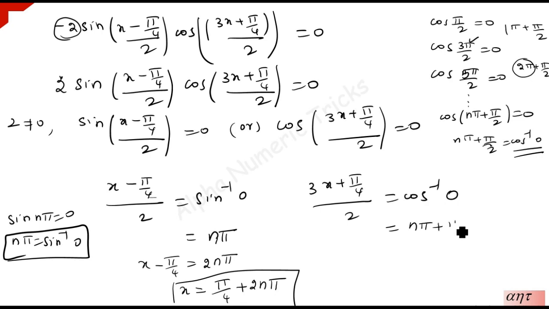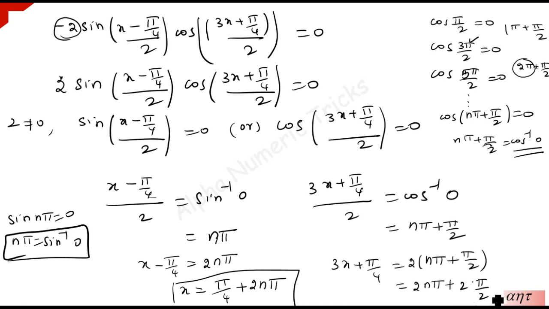So you can replace this cos inverse 0 with n pi plus pi by 2. N pi plus pi by 2 is your cos inverse 0, or you can take this 2 here. 3x plus pi by 4 is equal to 2 times (n pi plus pi by 2), or you have 2n pi plus 2 into pi by 2. This 2 gets cancelled. So 2n pi plus pi, and x is equal to this value here.